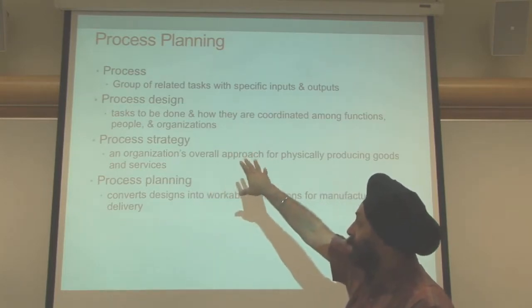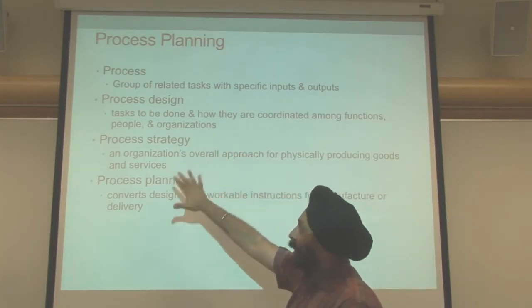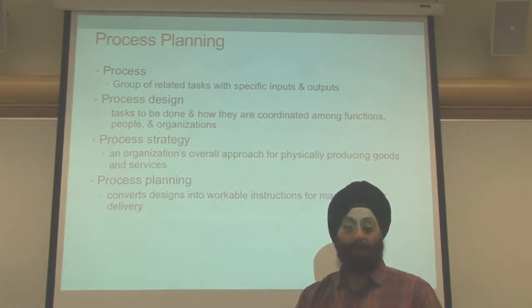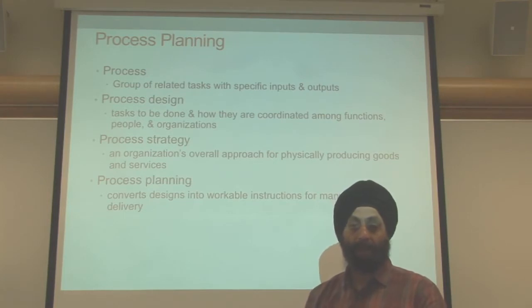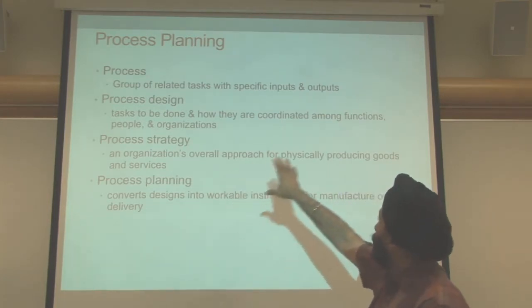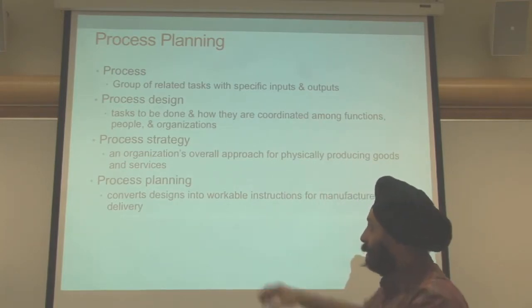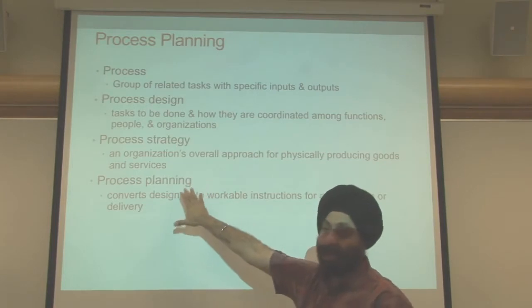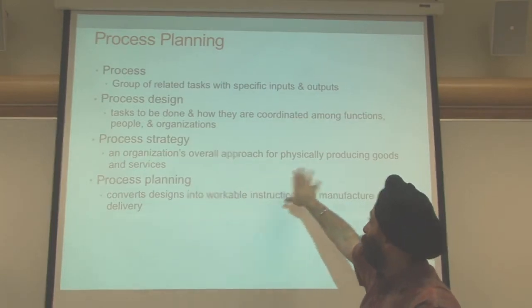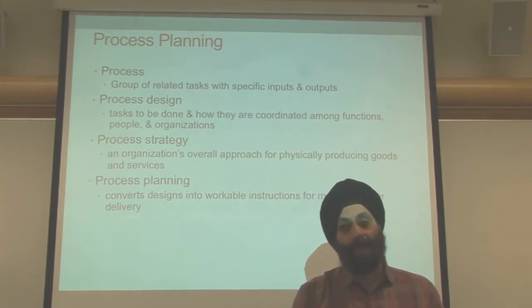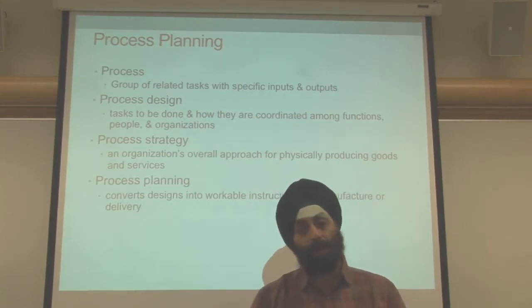So that's where this comes back, and look at process design of how and when in the production process, whether producing product or services, do you need certain resources, people, organization functions, how they are coordinated and used in this. Process strategy, which is our overall approach of physically producing goods and services, and what type of machines and processes do we use to accomplish that?